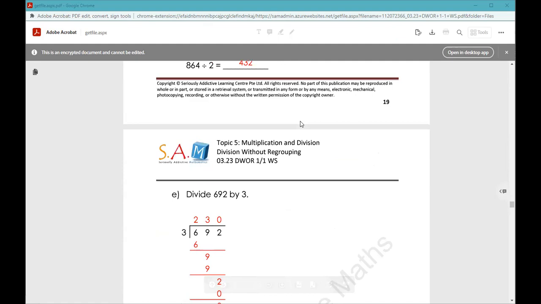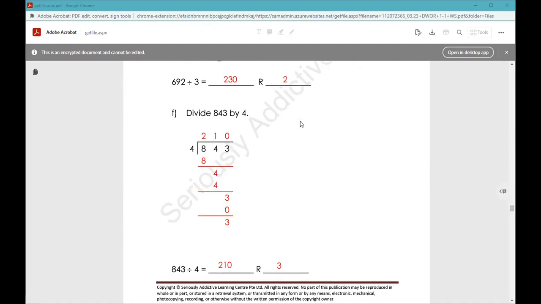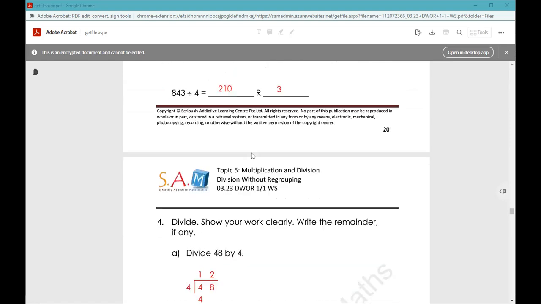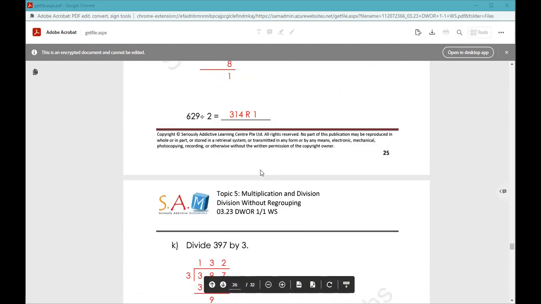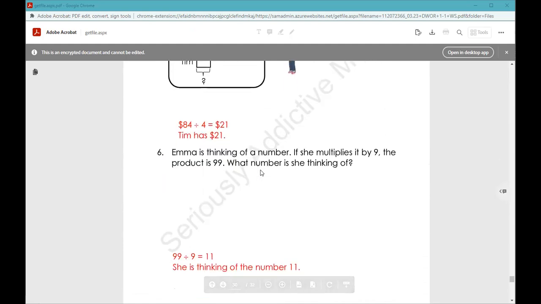Okay, after that, what I'd like you all to do is go to page 20. So this one, they have to do the workings themselves. So this is a chance for you to check that they have understood how to apply the workings. If more practice is needed, you may get them to do a few more questions. If not, please just skip forward, if they are fine, to the word problems behind.